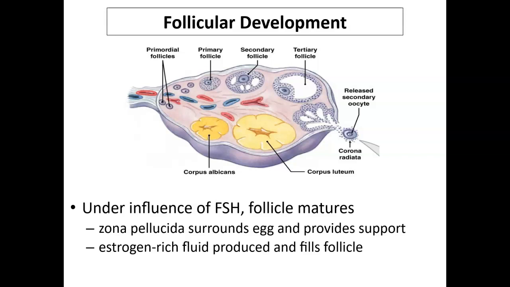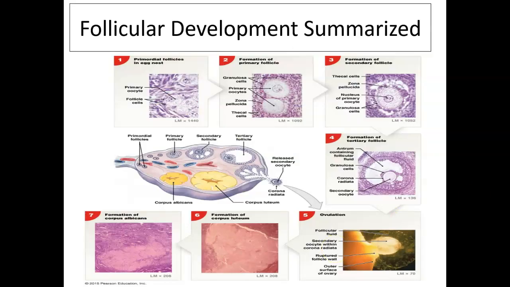Additionally, the zona pellucida helps protect the developing zygote as it travels down the fallopian tube towards the uterus. This slide provides a summary of folliculogenesis from primordial follicle through ovulation, and then the formation of the corpus luteum and its degeneration into the corpus albicans.